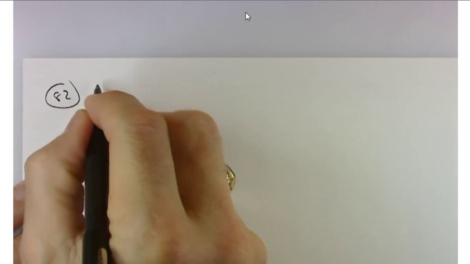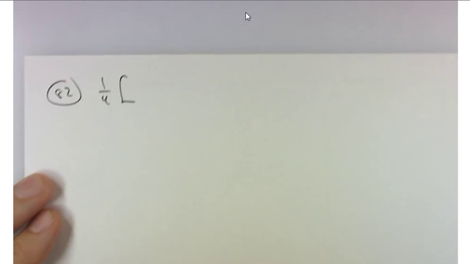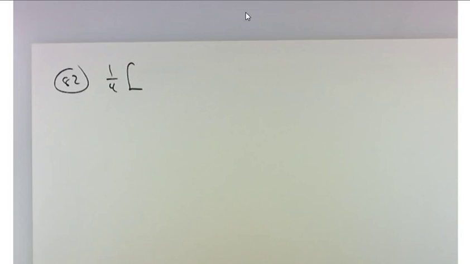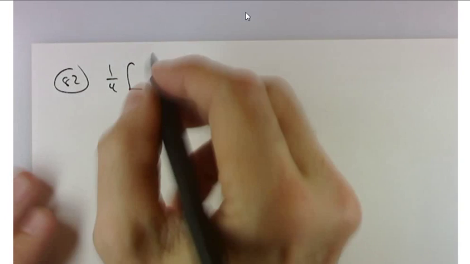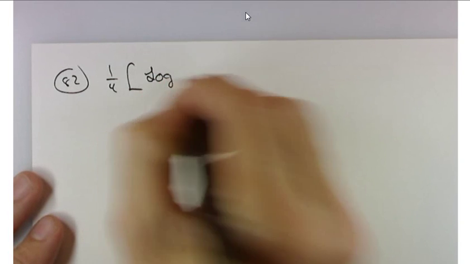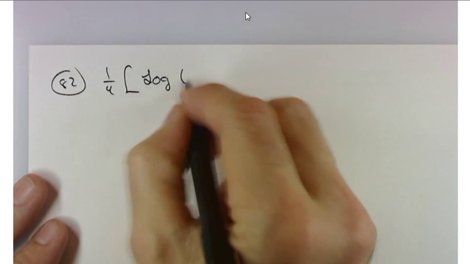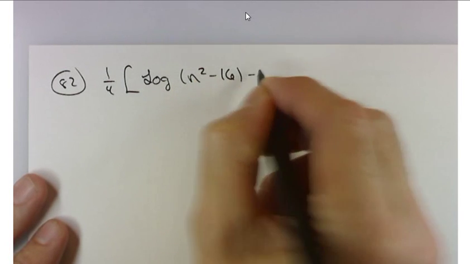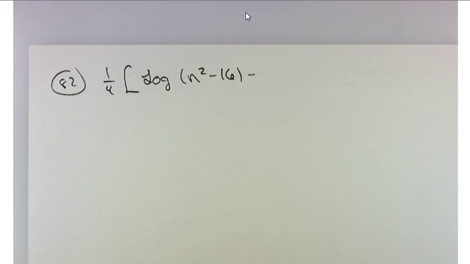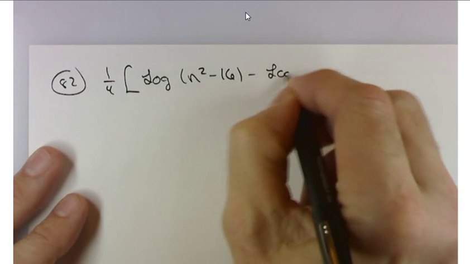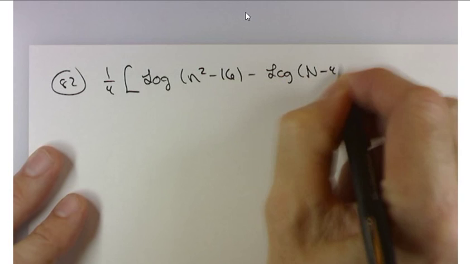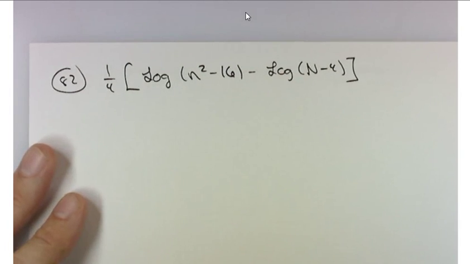Okay. Problem number 82. So 1/4 log of n squared minus 16 minus log of n minus 4, and a closed bracket like that.